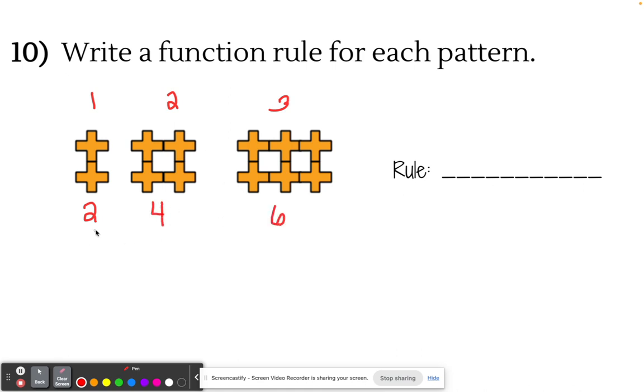So what is my rule? Am I multiplying or am I adding? To me, it looks like I'm adding 2. And if I backed up my rule, I would be starting at 0. So my rule, y, or f of x, equals 2x. And it'd be plus 0, so I don't have to write that.